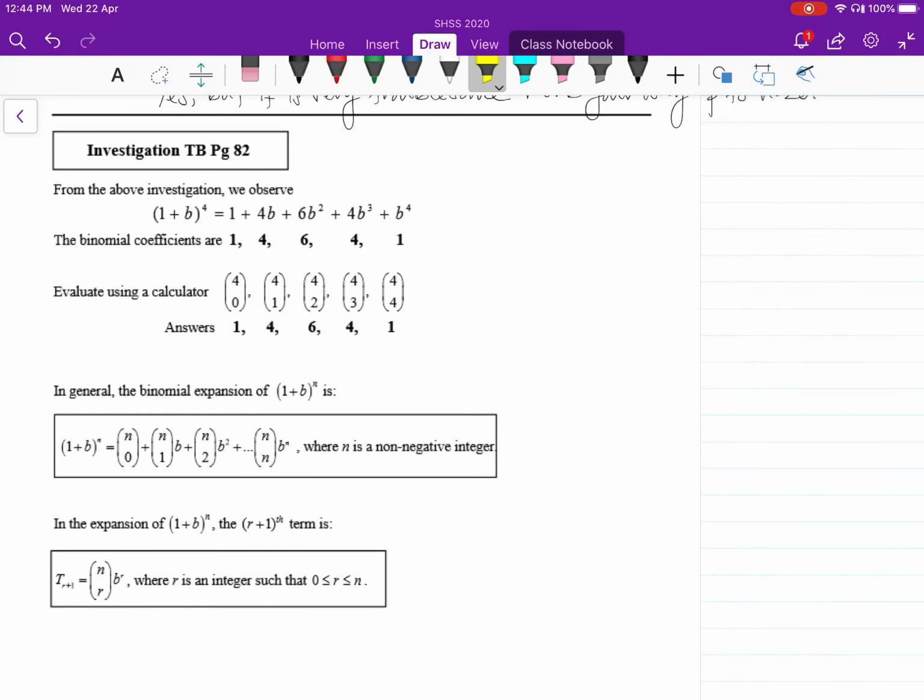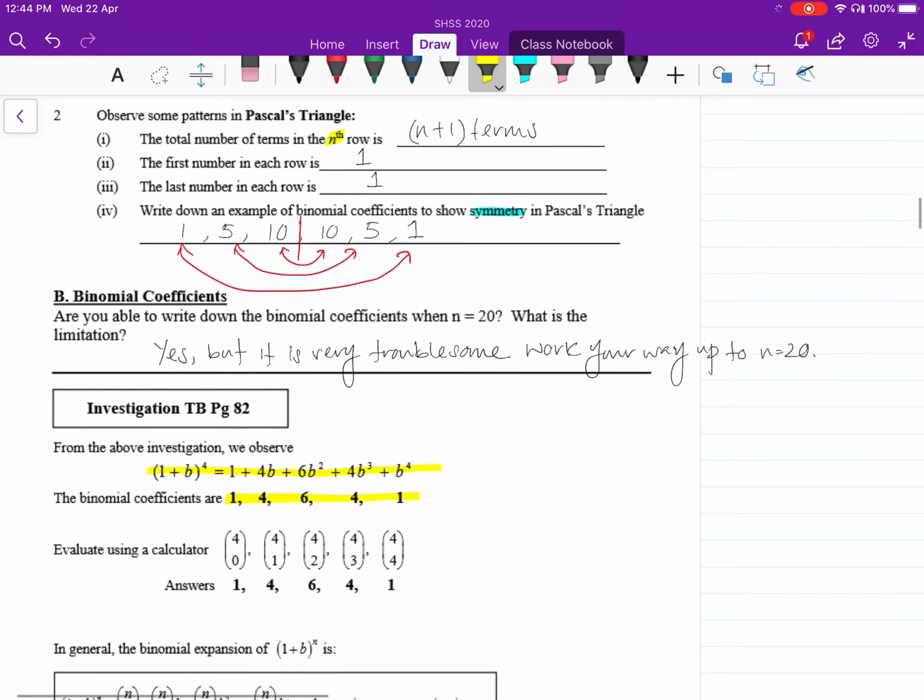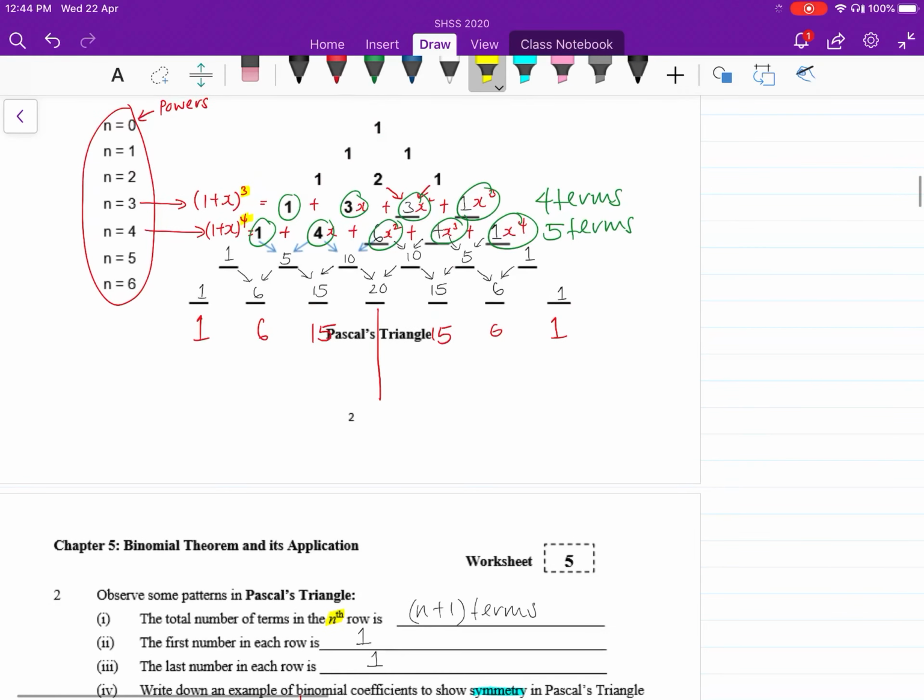This is what we have gone through with you just now. 14641. Okay, now there is a way to obtain the binomial coefficients efficiently. That means there is a way to get all these numbers, all these 1, 6, 15, 20, 15, 6, 1, very efficiently without using the triangle and working your way up. Now, on your calculator, you will be able to see this C here.